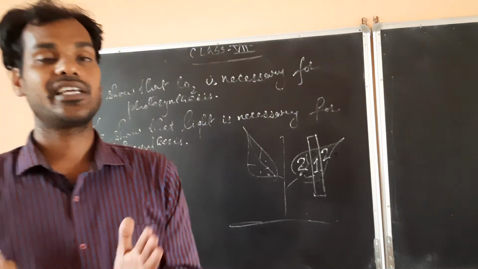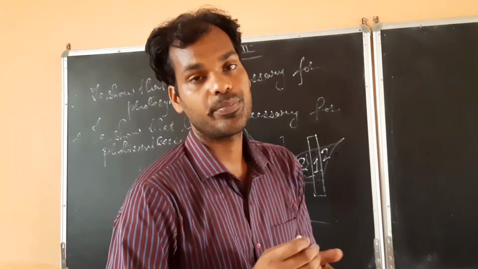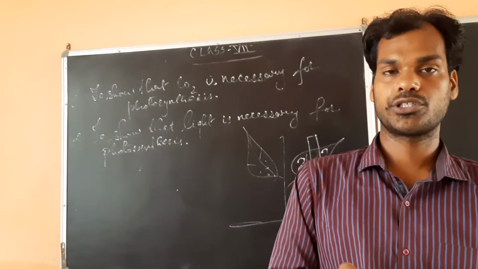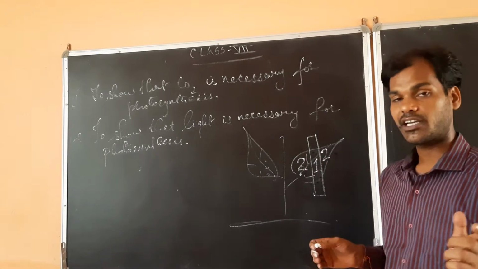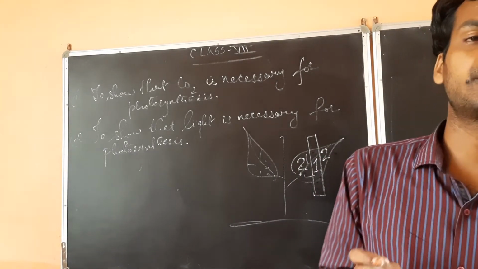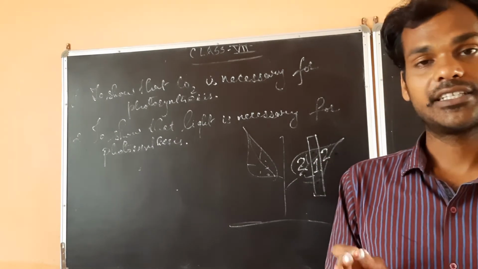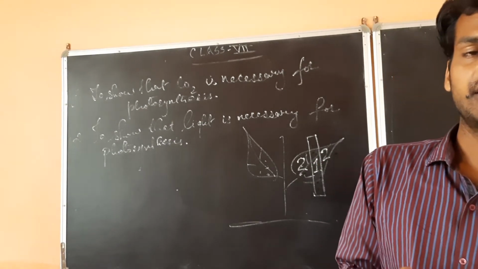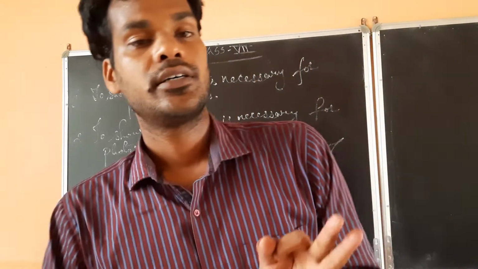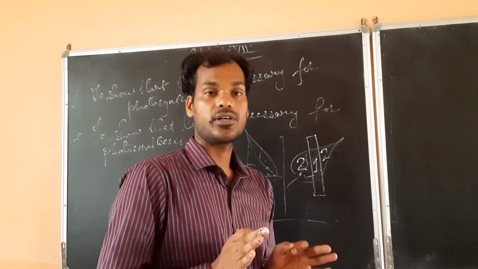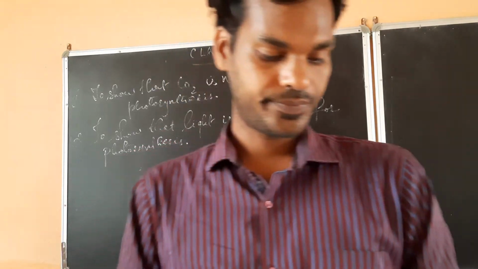The reason is, if they were present on the upper portion, that would get the direct sunlight, and due to direct sunlight more transpiration would take place, as a result of which the plant may die. This is the reason why the stomata are more on the lower surface of the leaf.